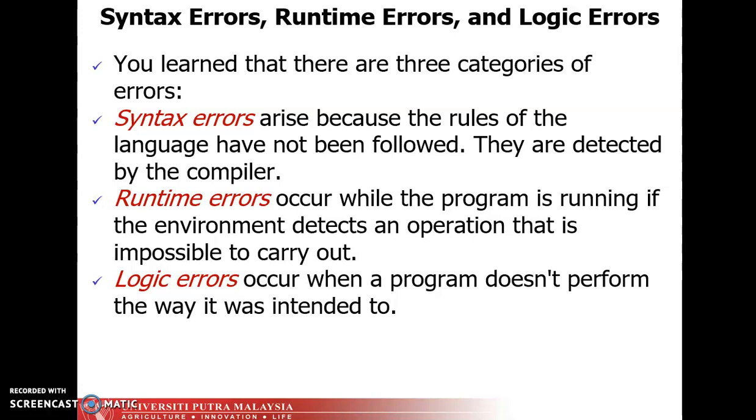The second category of error is called runtime error, which occurs while the program is running if the environment detects an operation that is impossible to carry out. This error falls under one of the categories in the exceptions that we are going to learn.